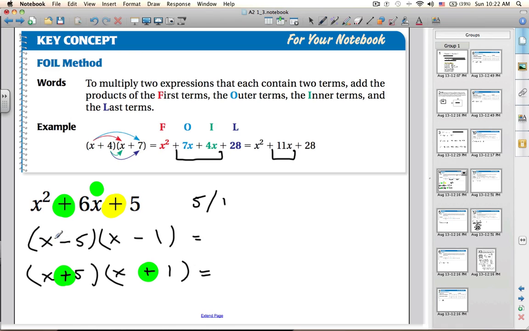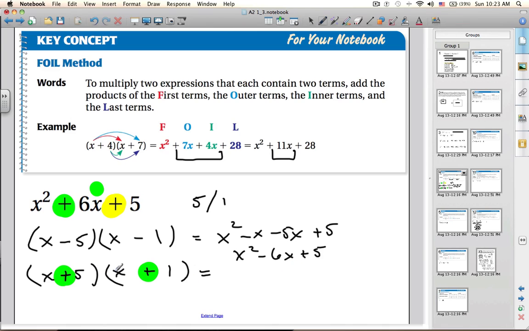So if I multiply this out, x times x is x squared, x times -1 is -x, -5 times x is -5x, and -5 times -1 is +5. So I got the +5, and I got the x squared, but you see my middle term becomes -6x instead of +6x.